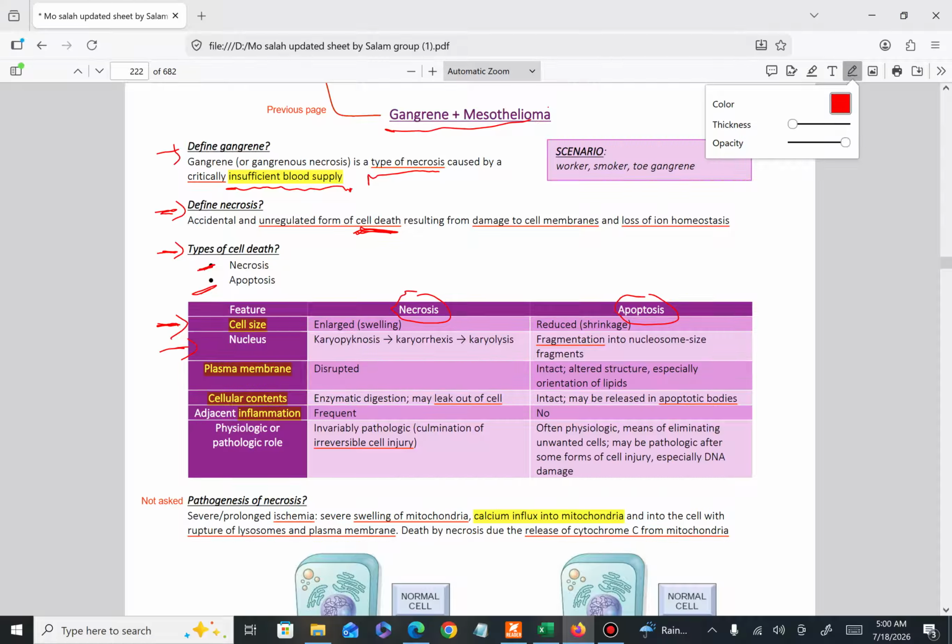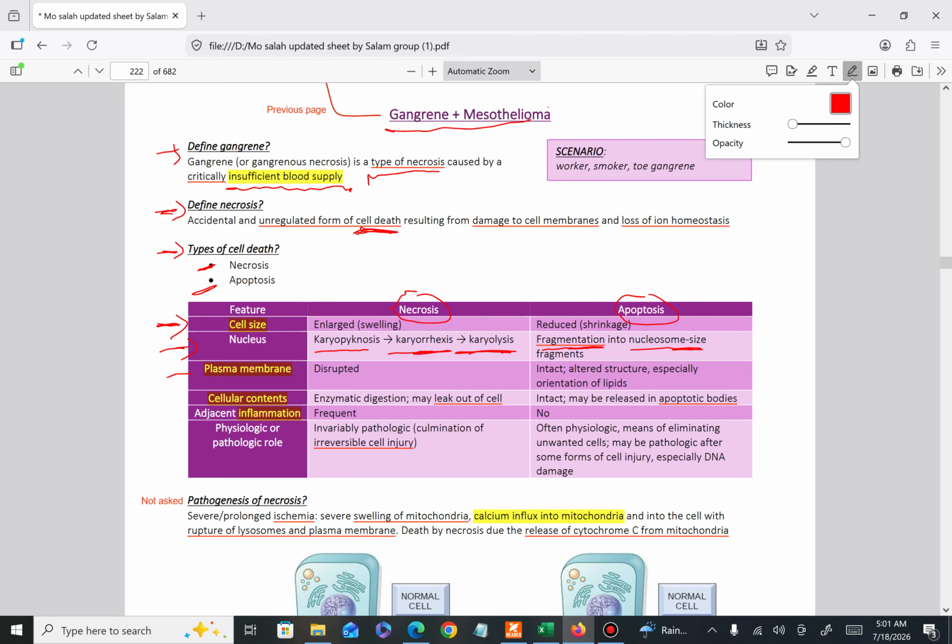In necrosis, the nucleus undergoes several processes: karyopyknosis, then karyorrhexis, and the last stage is karyolysis, which means the breakdown of the nucleus. But in apoptosis there is fragmentation of the nucleus into nucleosome-size fragments.